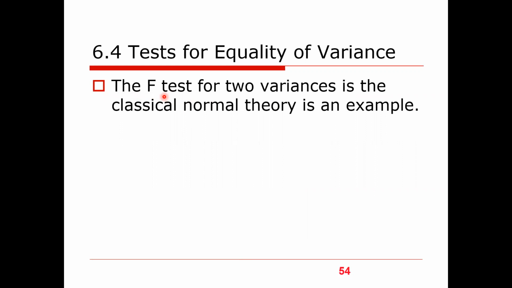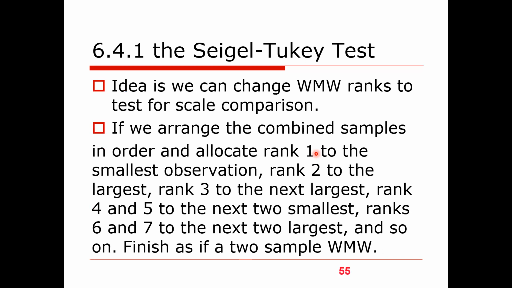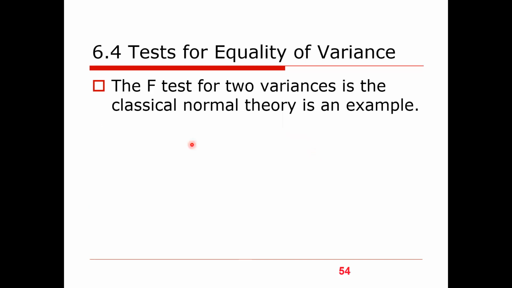Here we concentrate mainly on the tests that assume population centers are identical, which means we assume the two samples have equal means or equal medians at the same center, or they have different medians, but there is a gap between the medians. By subtracting this gap from every observation in one sample, we can make the two samples have the same median.